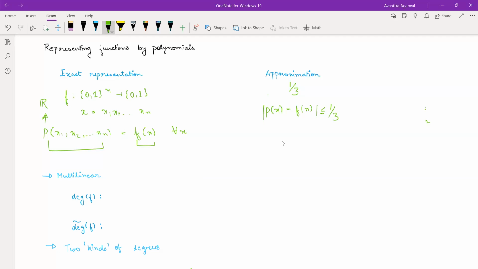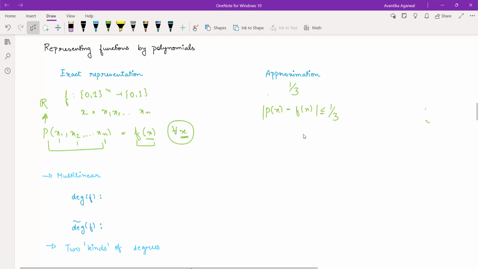And in the exact case, its value will be equal to the value of f(x) for all x. Although, since these x1, x2, ..., xn can actually be integers in general, for inputs other than these n-bit inputs, the output of this polynomial could be anything. We don't really know what the output of this polynomial would be. So it will only agree with the function on these particular n-bit inputs x.